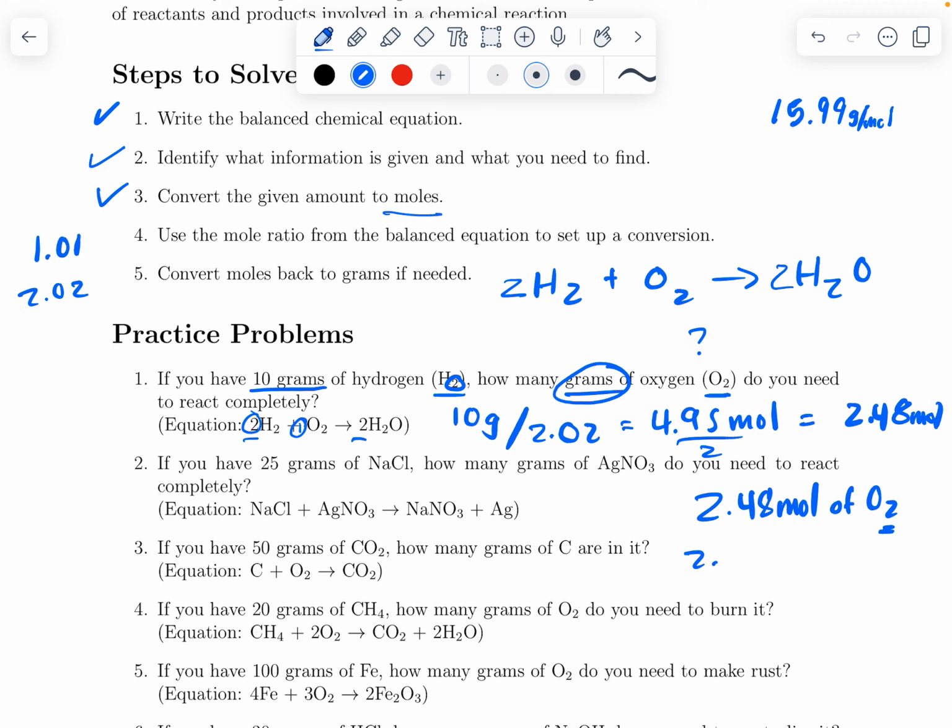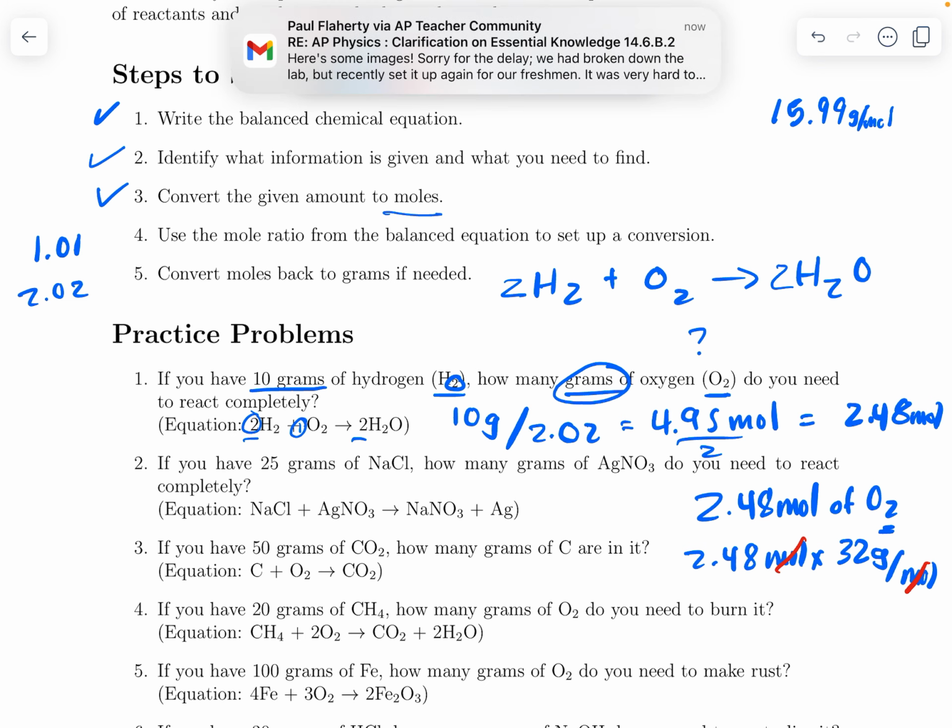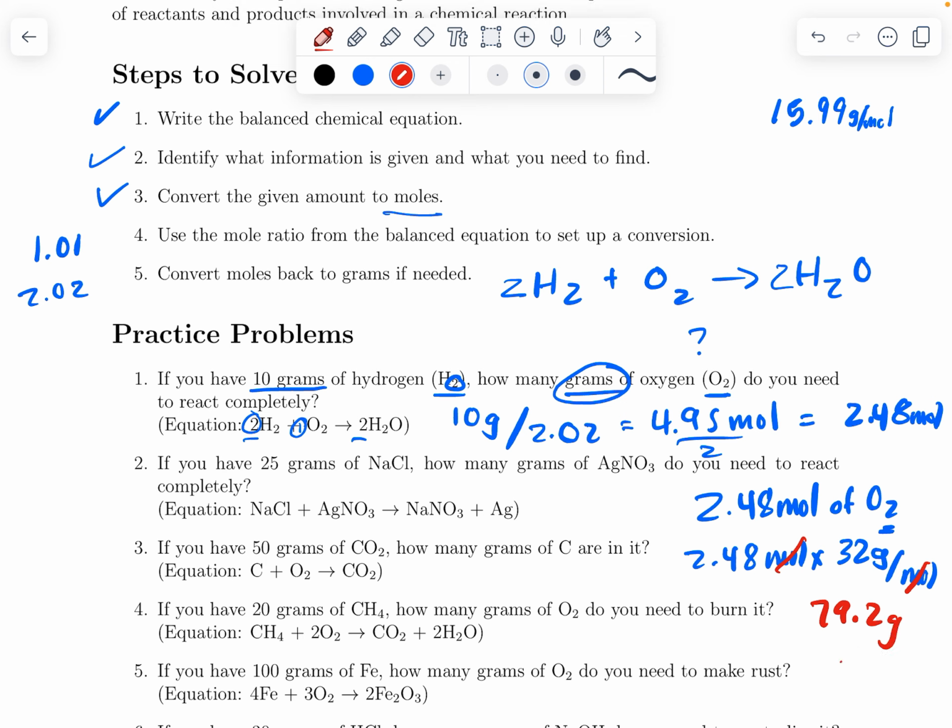So 2.48 moles times 32 grams per mole. That's nice because the moles cancel out. And we multiply this by 32, and that gives me 79.2 grams of O2. And that's the answer for number 1.